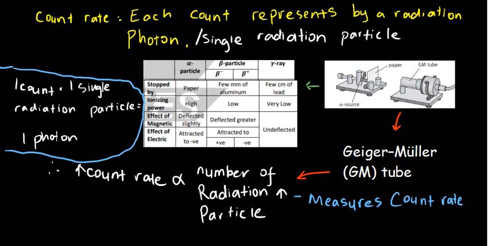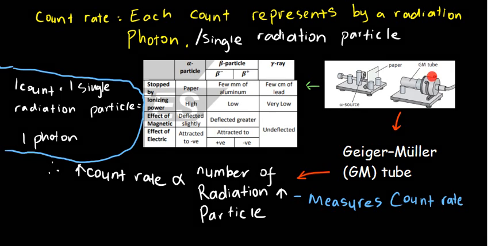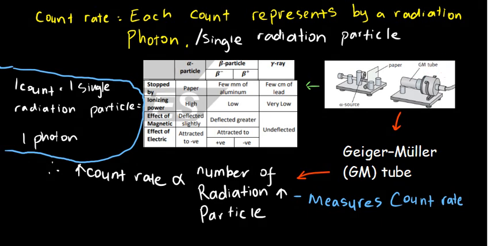Each count represents a radiation photon, or a single radiation particle. That's what a photon is: a single radiation particle. So a GM tube can measure the number of radiation particles.